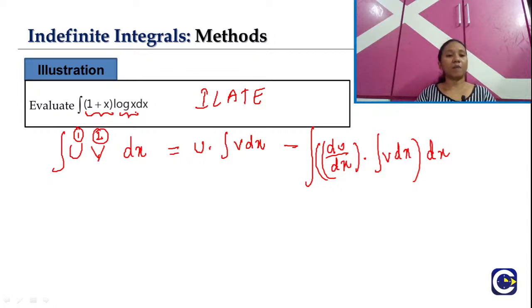Can you tell me amongst these two, what is your first function and what is your second function? It's easy, by looking at the question itself, we simply have to follow our Euler: I denotes inverse trigonometric function, L denotes logarithmic function, A denotes algebraic function, T denotes trigonometric function, and E denotes exponential functions. By applying this, you can simply predict which will be our first function and which will be our second function. So quickly tell me, guys, amongst these two functions, which is the first function and which is the second function here?